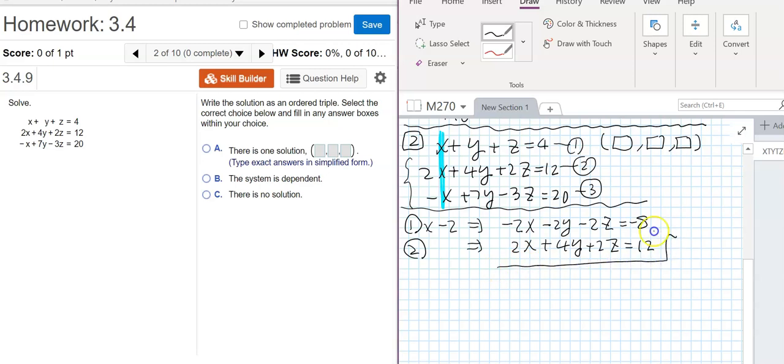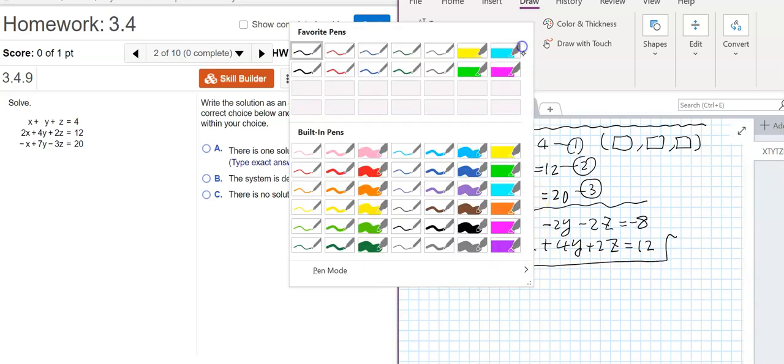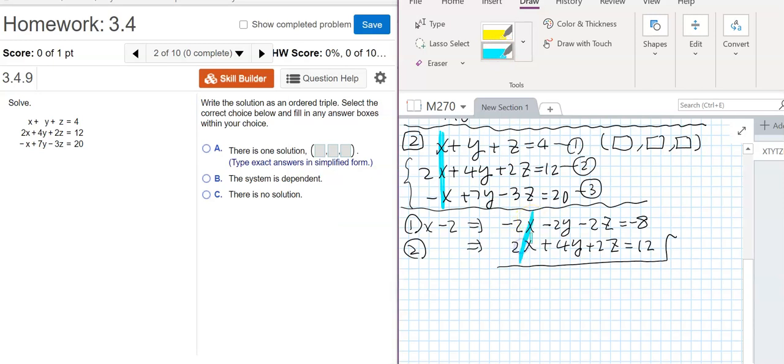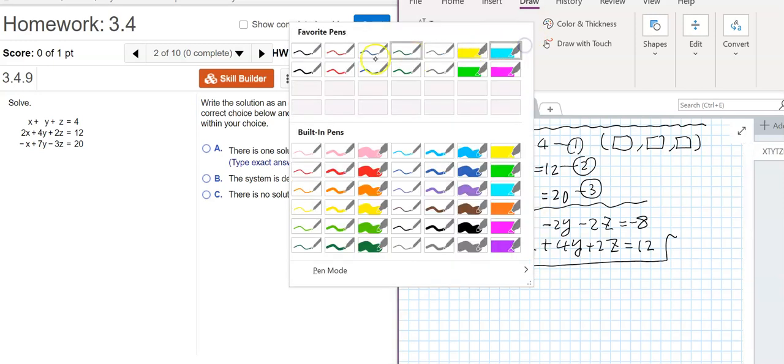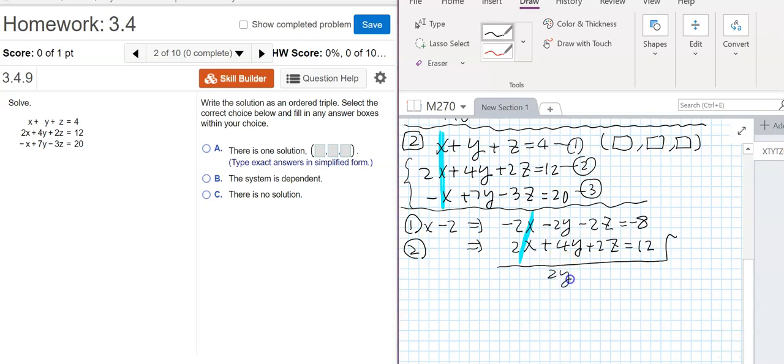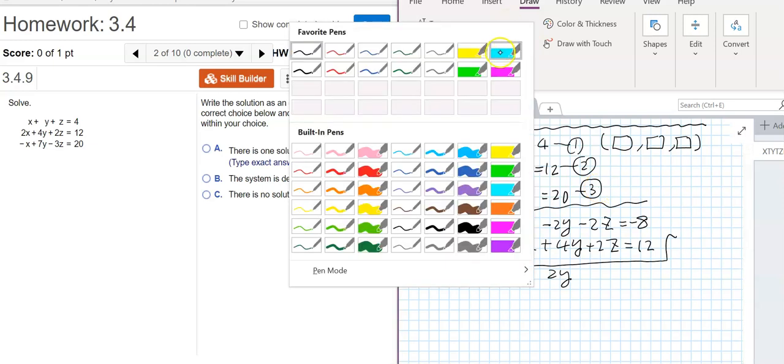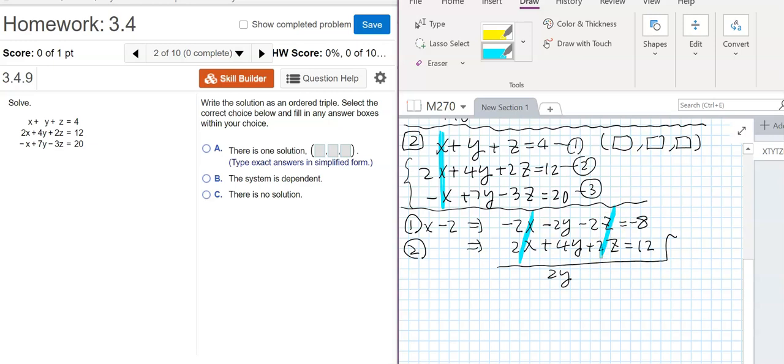My goal was to eliminate x. So x gets canceled, as you can see. It's not only x that gets canceled, also z gets canceled. That means just 2y is left, and 2y equals 2... I'm adding, so it is -8 + 12, which is 4. So when I divide by 2, y equals 2.